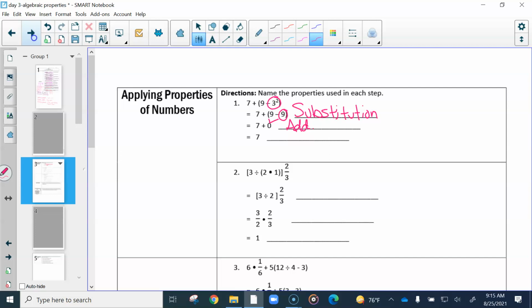Identity is when it's added, so if we were adding 0, that would be identity. But this one would be inverse because we started with the same numbers and they equal 0. I'm going to shorten this because I don't have a lot of space. So when they cancel each other out, that's inverse.